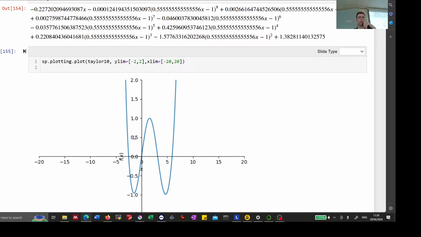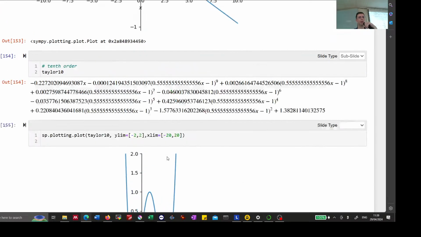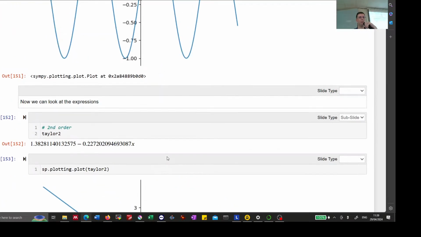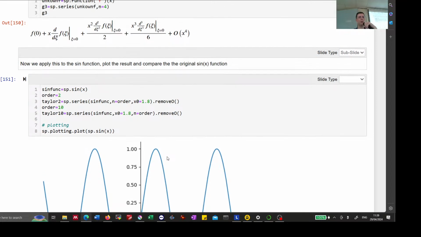Does this look like the sine function? I mean, a little bit maybe here from 0 to like 5 maybe. Okay, so maybe more higher order helps me.